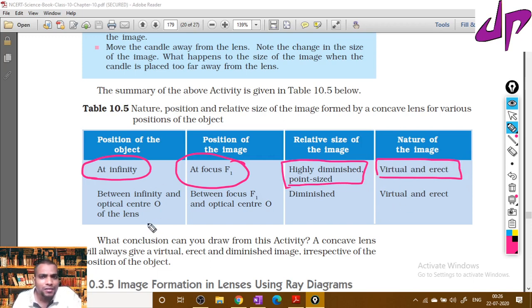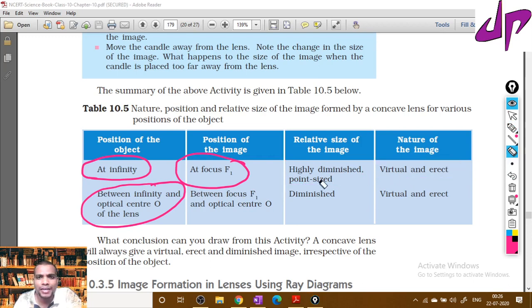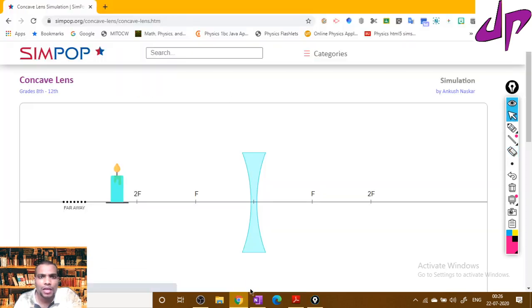Otherwise, if you place the object anywhere between infinity and the optical center of the lens, the image forms between the optical center and F, and the image is always virtual and erect. So let's see these two cases with the help of the virtual simulation.